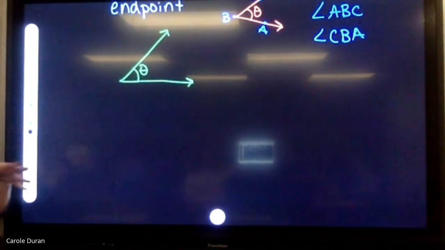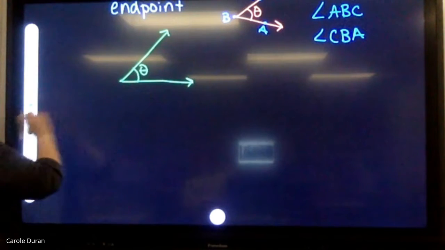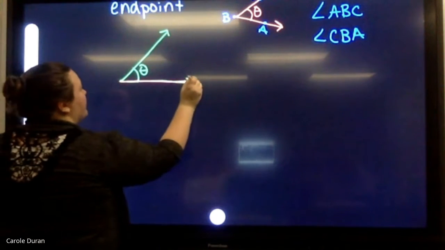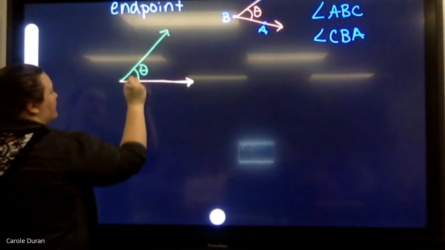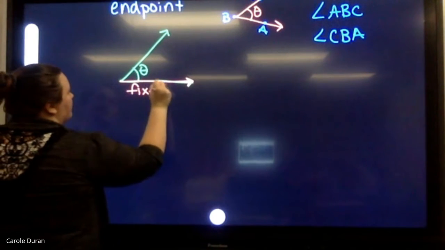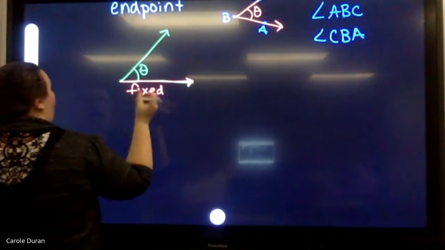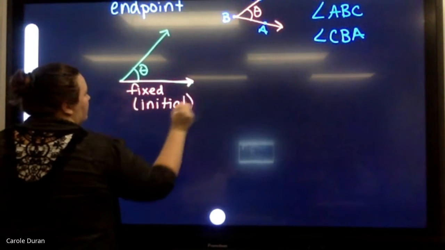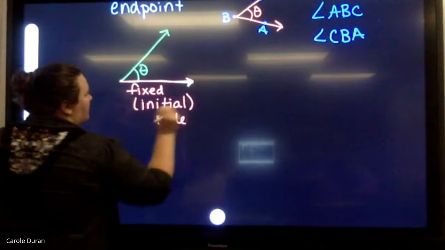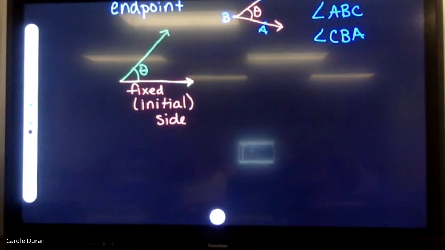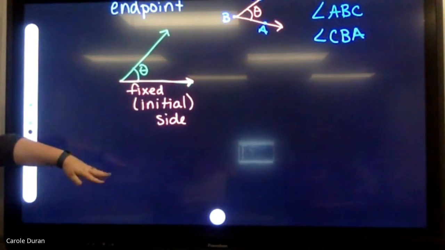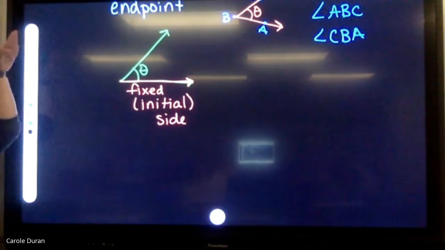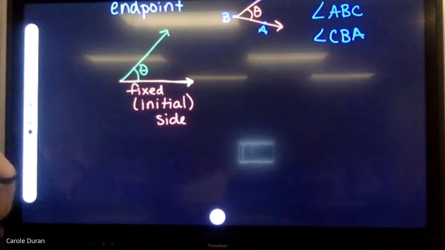So let's say that I have this ray. This ray right here is called our fixed or initial side. This is the side where my angle started, and then where my second ray moved to created the measure of the angle we have between them.